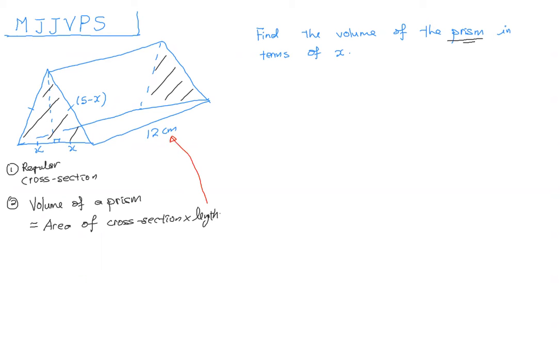Okay, and the cross section is a triangle, and it is an isosceles triangle. So for an isosceles triangle, you have one axis of symmetry. So it will divide the base into two equal parts, and I label here as X. So how are you going to find the area of a triangle?